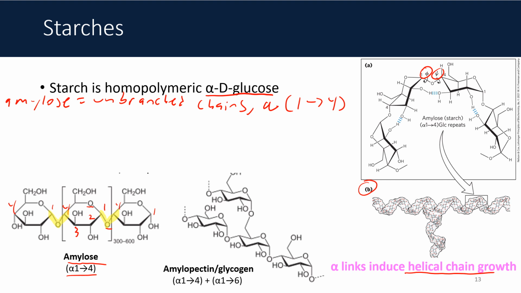And what prompts amylose chains to wind up in this manner is hydrogen bonding interactions between hydroxyls of adjacent monomer units. Those forces cause it to coil up. I will also mention that amylose is a large component of plant starch.